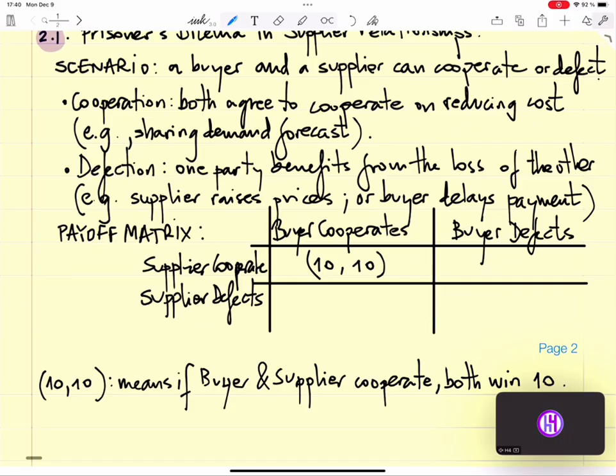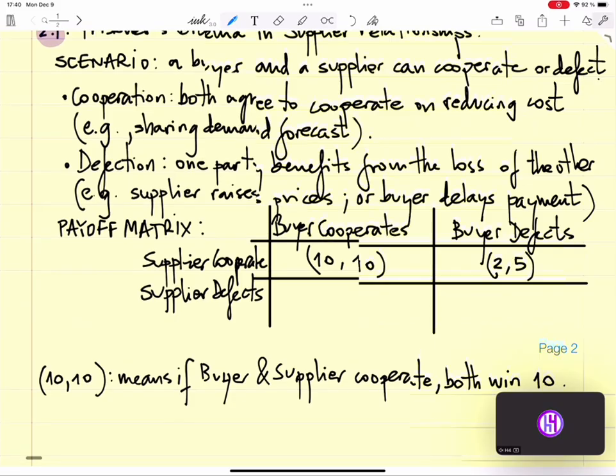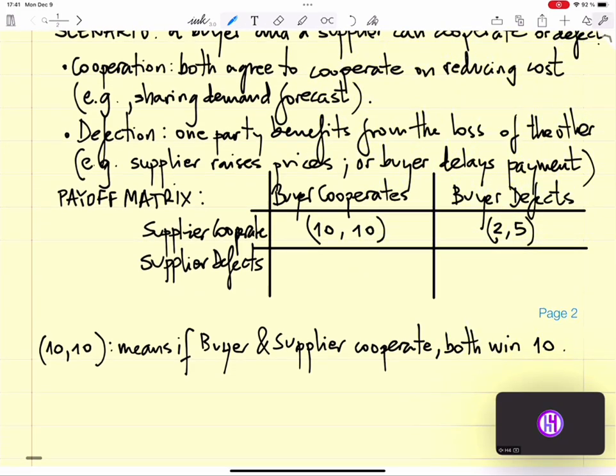If the supplier cooperates and the buyer defects, the supplier wins 2 and the buyer wins 15.